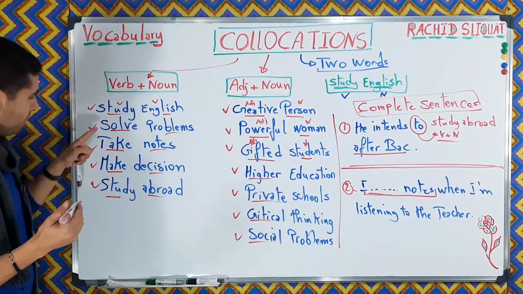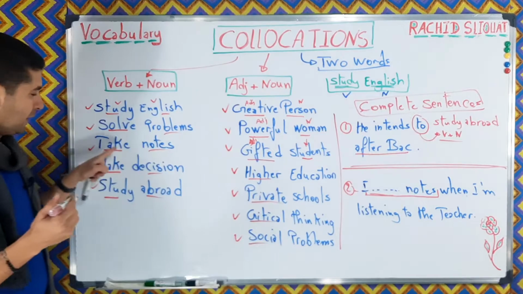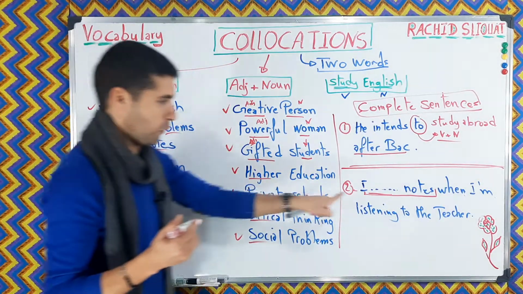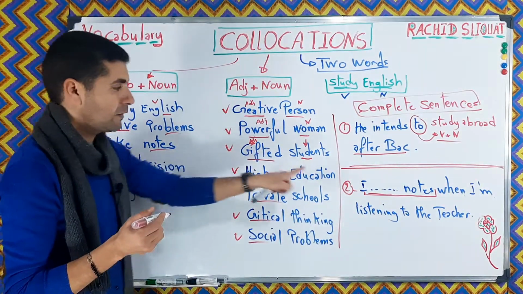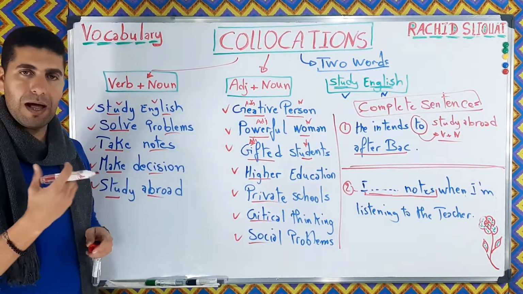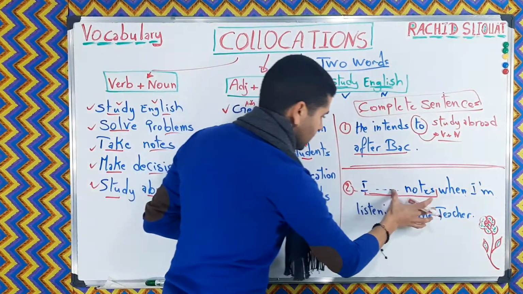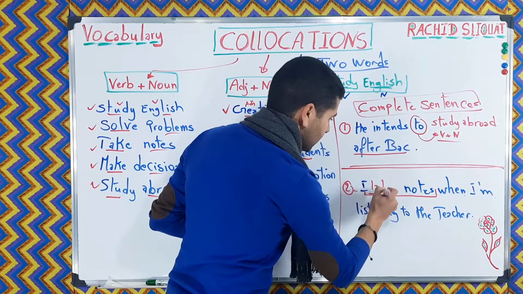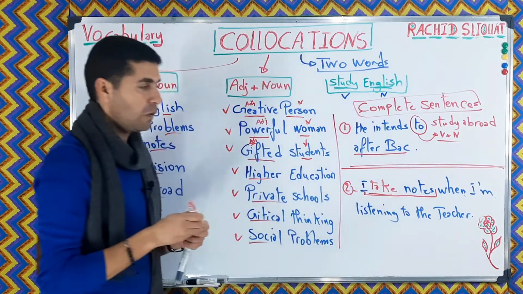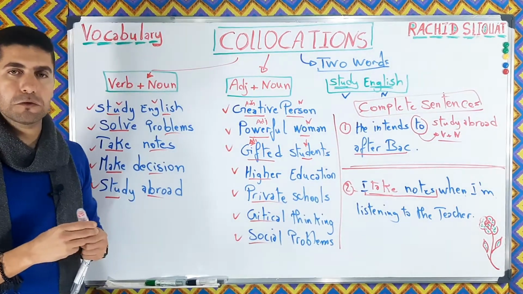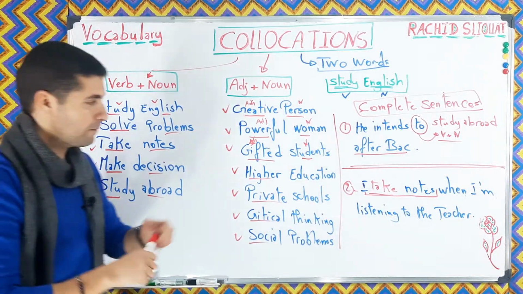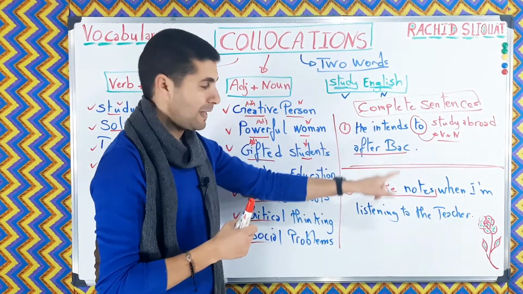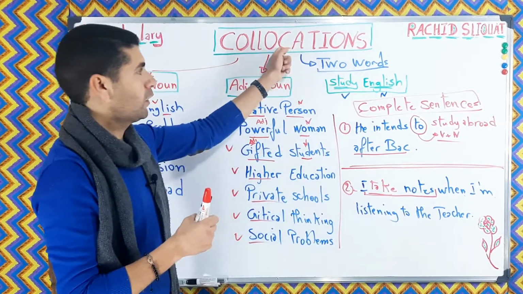Let's see: verb, take notes. Here is note. I take notes when I'm listening to the teacher. Now here, as you can see, the word we complete with is part of the collocation.